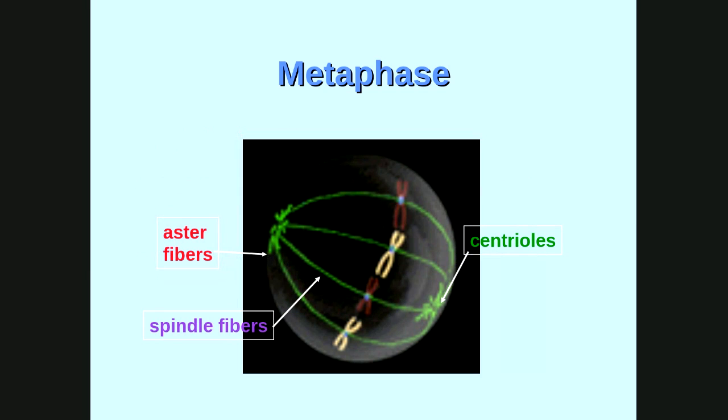Now you can see here, this is the centriole and this is the centriole. Now these chromosomes are at the center, and these are the aster fibers which are connecting with each chromosome's kinetochore, at the equatorial side. And this is the spindle fiber.